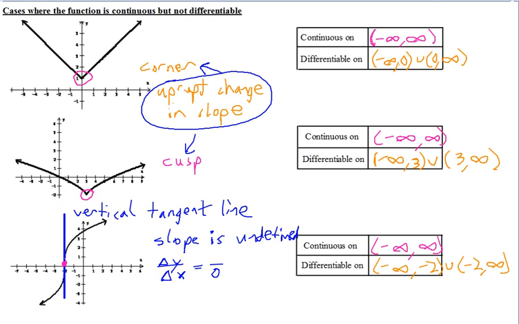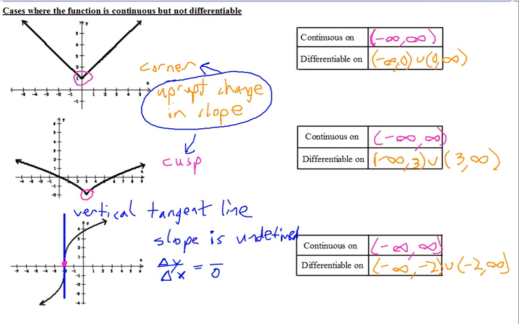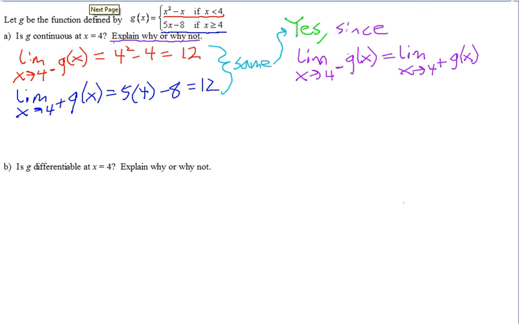We go back to our definition of continuity here. Those have to be equal, but there's also that general limit has to equal the y coordinate. So that's what we have to say here. Is that equals the y coordinate, which we know is g of, in this case, 4. All those are equal to 20. All right, so we know it's continuous.